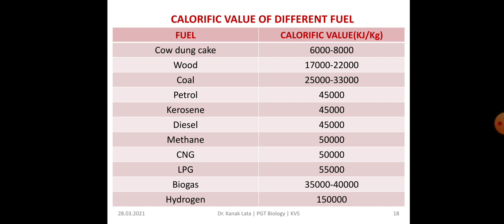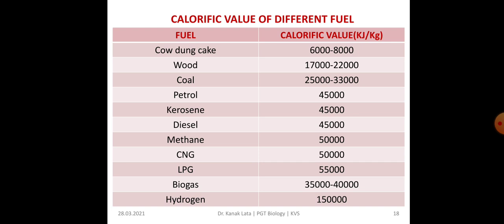This is a table of the calorific values of different fuels. For example, cow dung cake, the calorific value is 6000 to 8000 kilojoule per kg. Wood 17,000 to 22,000. Coal 25,000 to 33,000. Petrol 45,000. Kerosene also 45,000. Diesel also 45,000.